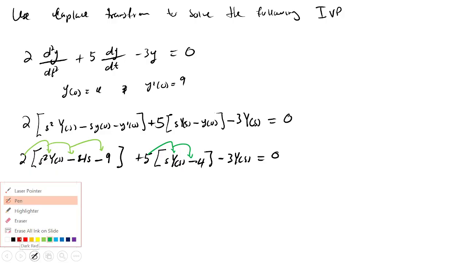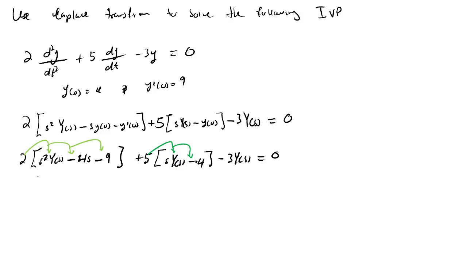So 2 multiplied by s squared y of s is 2 s squared y of s, minus 8s, minus 18, plus 5s y of s, minus 20, minus 3 y of s, which is equal to 0.